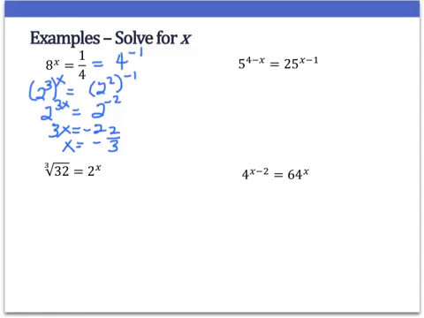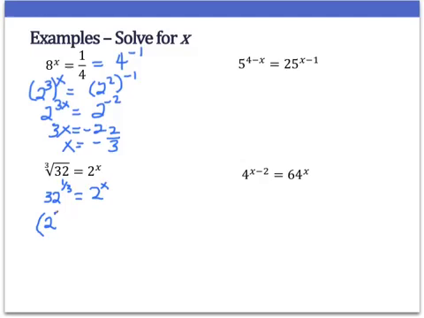So let's move down to the one underneath this one. And I'm going to start by taking that 32 out of that radical, and I'm going to raise it to the 1/3 power. And we can't just say x is equal to 1/3 because we need to rephrase. We need to make that 32 some power of 2.